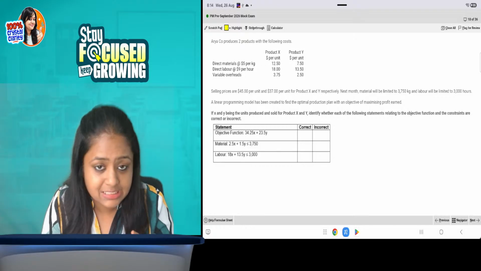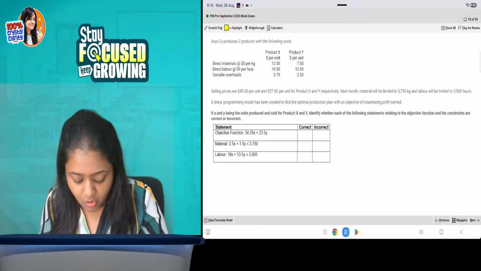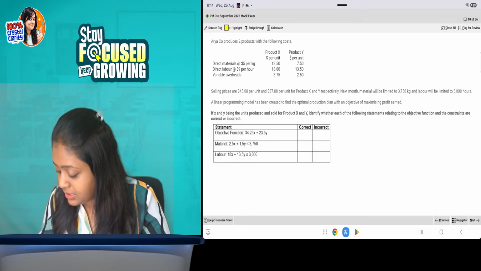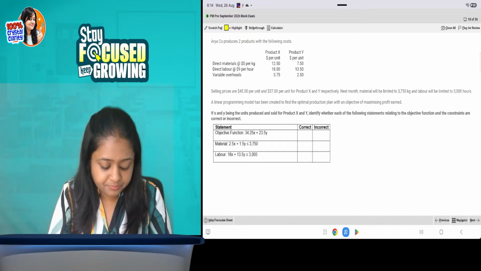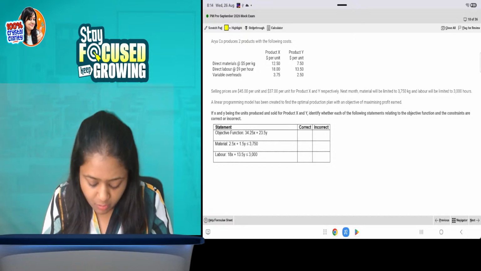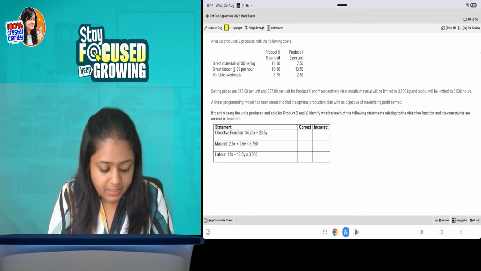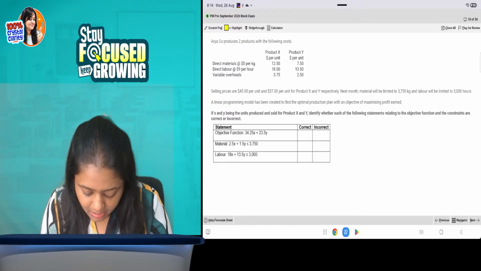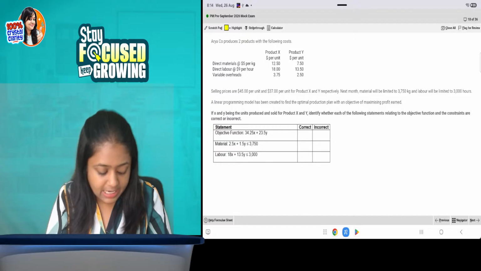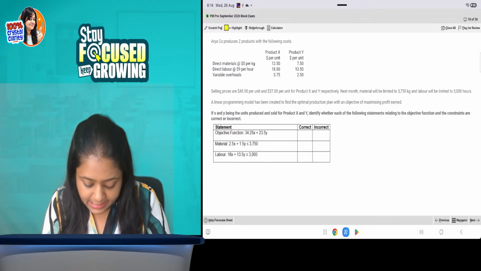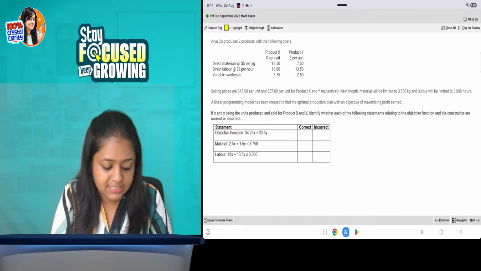We have product X data given to us. Let's calculate the contribution. Selling price is 45 mentioned here. Less material cost is 12.5. Less the labor cost is 18. And less your variable overhead is 3.75.